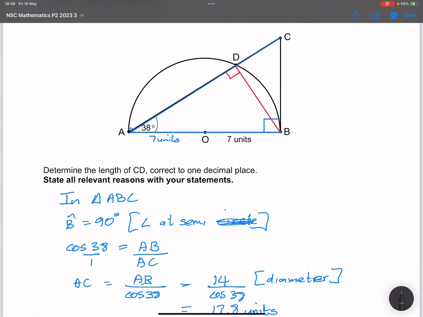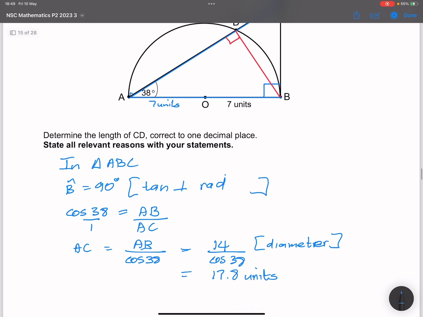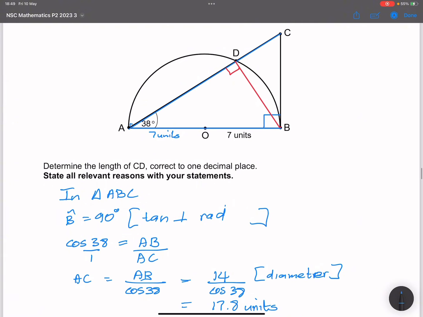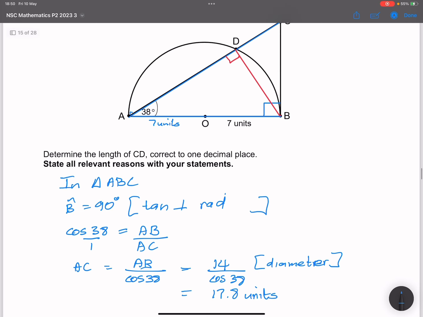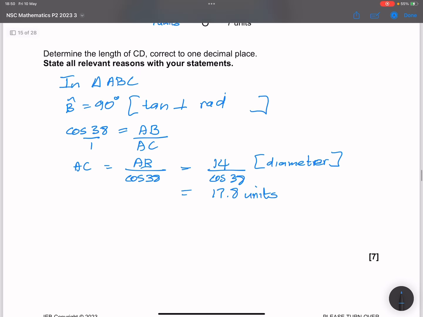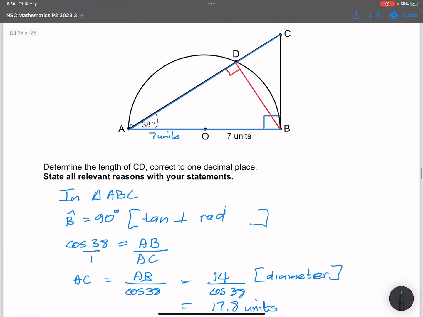It is the tangent perpendicular to radius, right? Apologies about that. Right, so now this is going to form triangle ADB, which is a 90-degree triangle, right? So let's construct line DB.